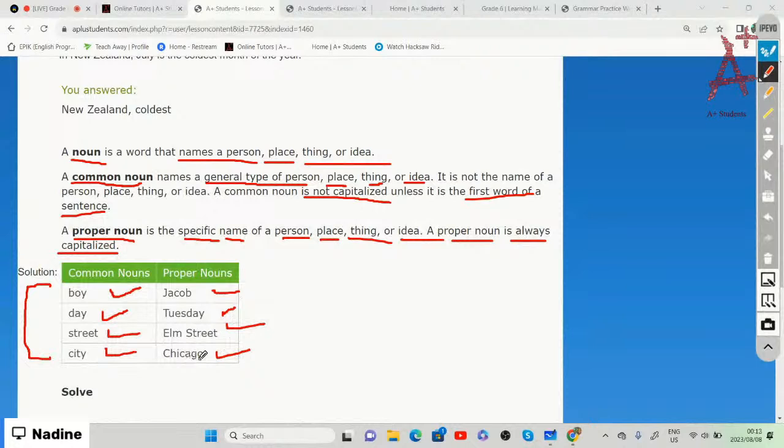We need to always capitalize a proper noun, because it basically gives us a specific name of a person, place, thing, or idea. Even your animal. Instead of just saying the dog, you can say Button. Now we know, okay, we're talking about Button, we're talking about Cinnamon, or whatever the name of your pet is.